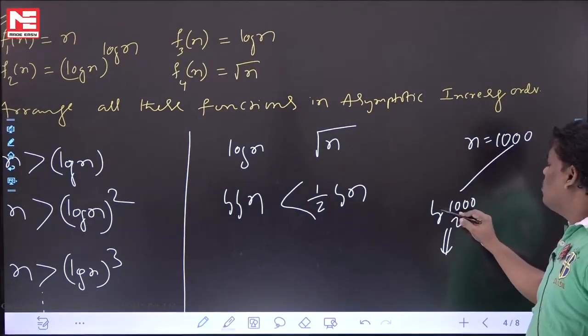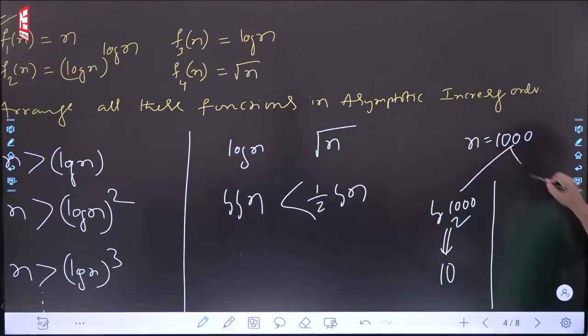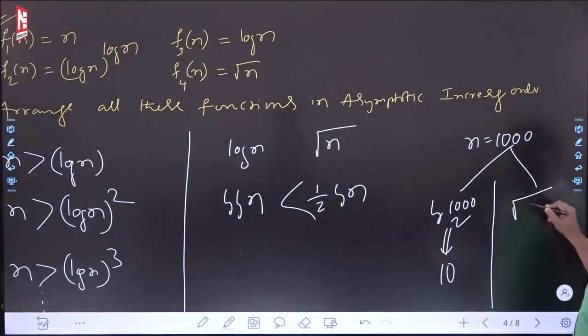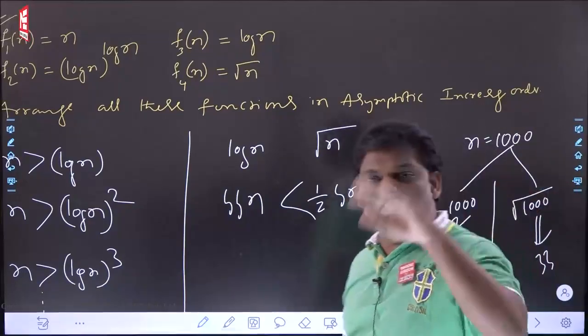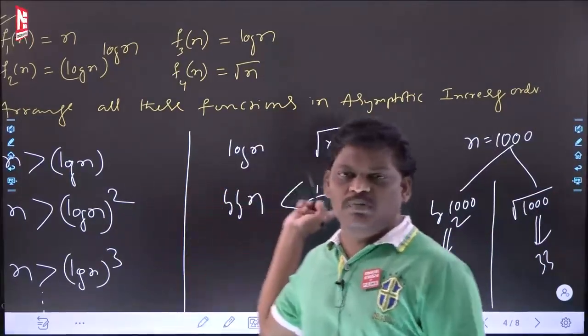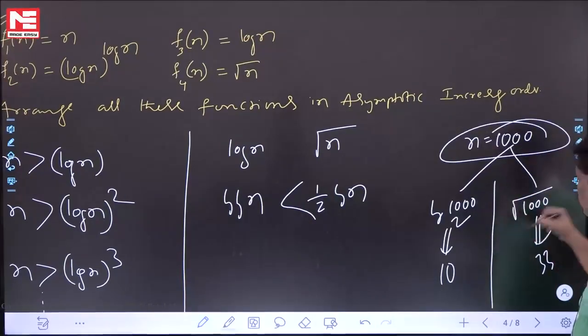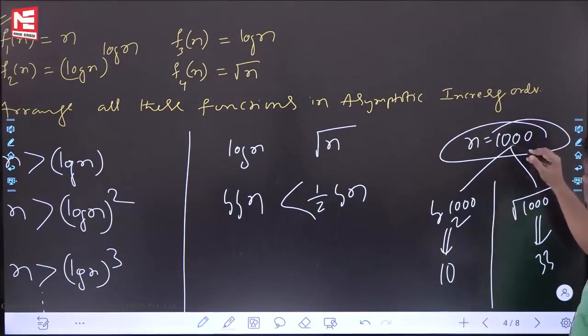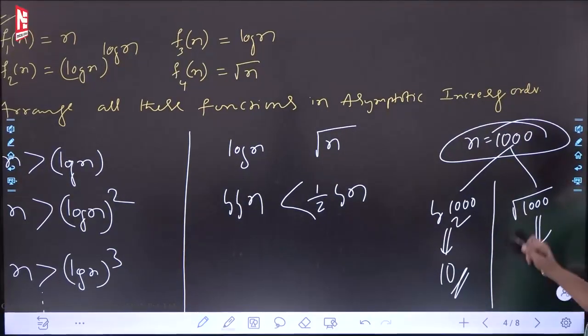So log 2 power 10 base 2 is 10. Next one, apply root. Root 1000 is approximately 33, since 33 into 33 is approximately 1000. So with n value 1000, root is going to be 33, but log is going to be 10. So I think root is bigger.